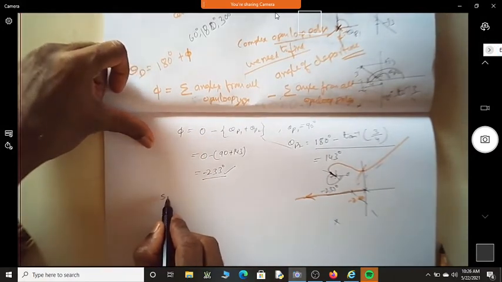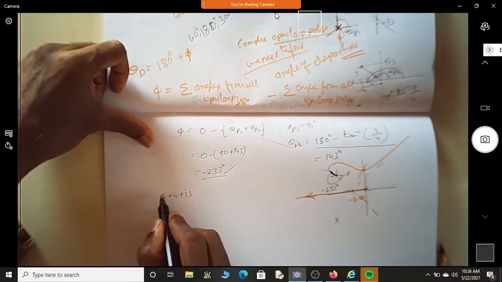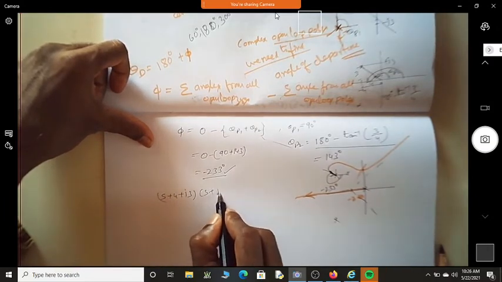Is it actually s plus 4 plus j3 and s plus 4 minus j3?